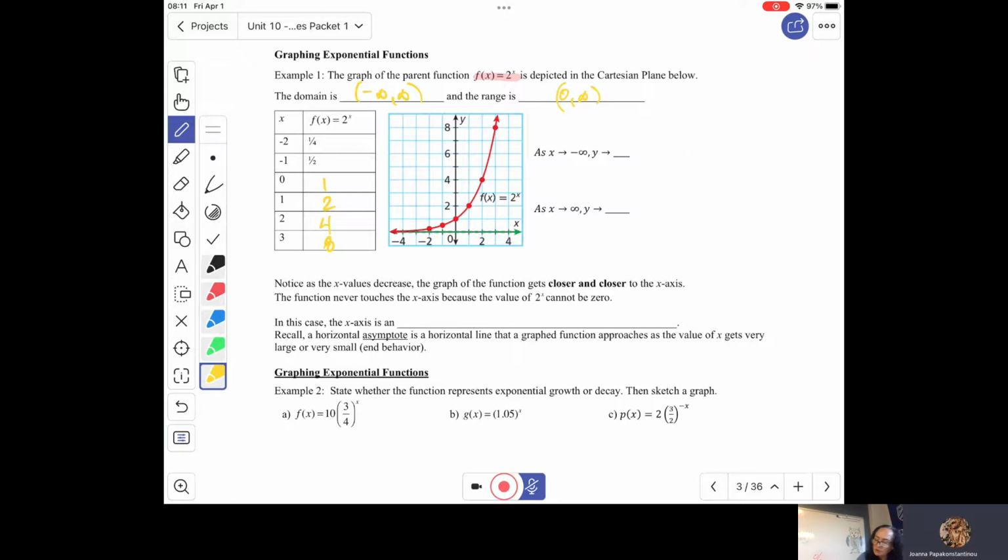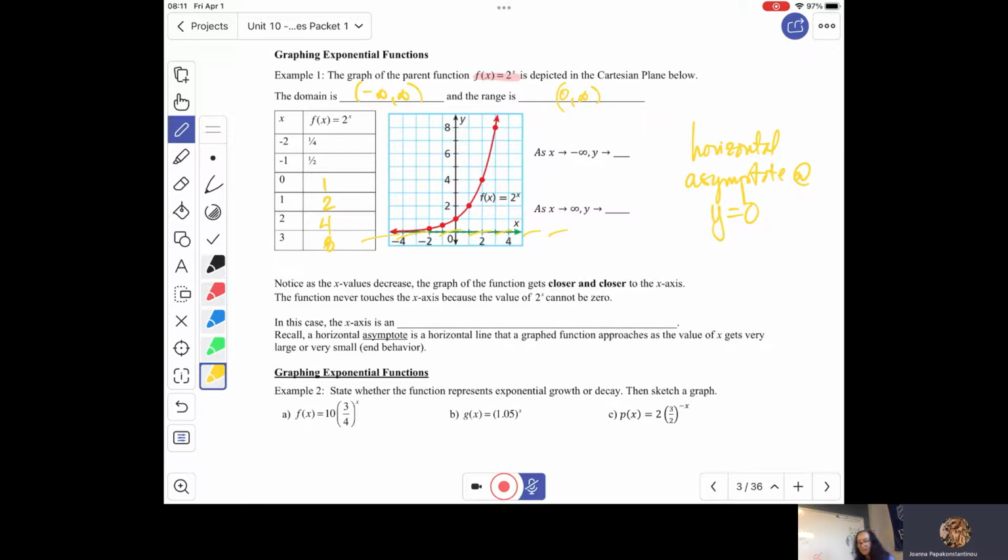In fact, there is a horizontal asymptote at y equals 0. Why? Because no matter what value of x you put in there, yes, it's going to create a teeny, teeny, teeny, tiny fraction, but it will never equal 0.